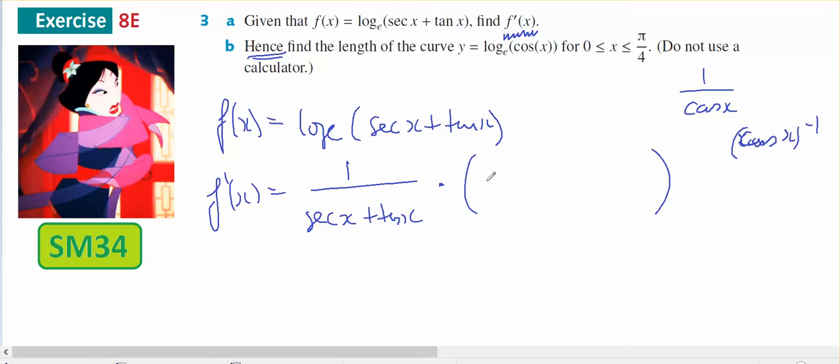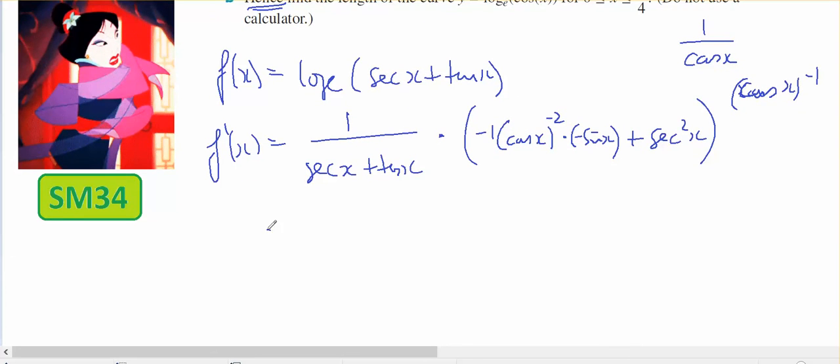So this derivative will be negative 1 cos of x to the negative 2 times negative sine of x. So that's the negative 1 comes down, this to the power of negative 2, then the derivative of the inside. Plus the derivative of tan, which is sec squared of x.